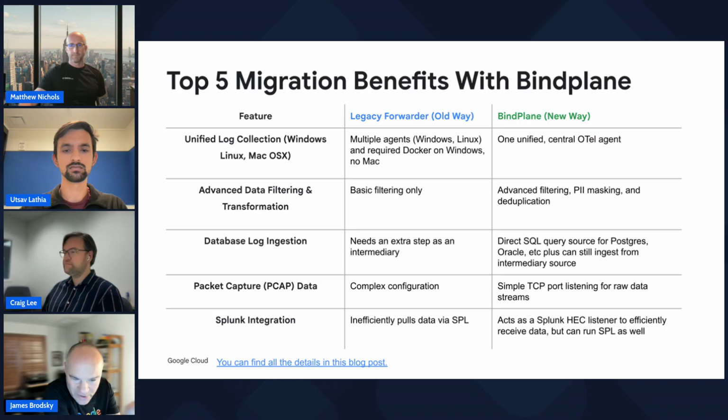So there's a few things the old forwarder did that we realized we have to provide parity features for in the Bindplane collector, and that's the database log ingestion, PCAP, and Splunk integration, like you have there on the slide. And I'll hit on each one of those briefly. For database collection, we didn't really have anything natively built into the Chronicle forwarder to support that.